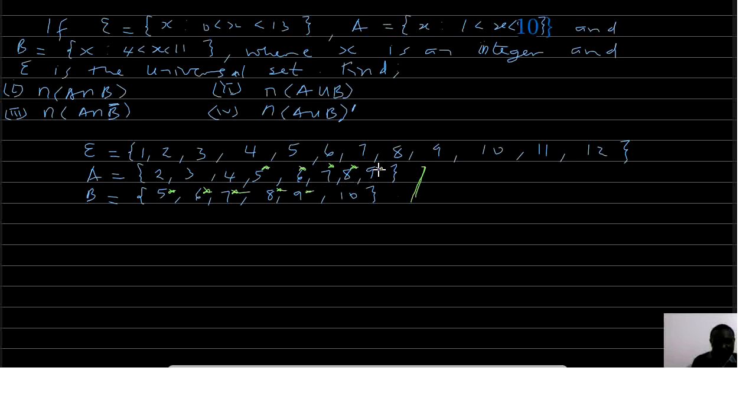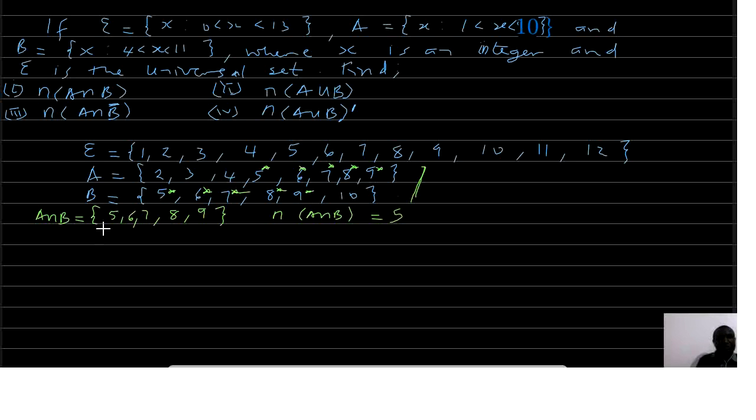Those are shared elements. So I can write that A intersection B is a set which has elements 5, 6, 7, 8, 9. For that reason, we have N of A intersection B. The number of elements in A intersection B are these ones. We count 1, 2, 3, 4, 5.